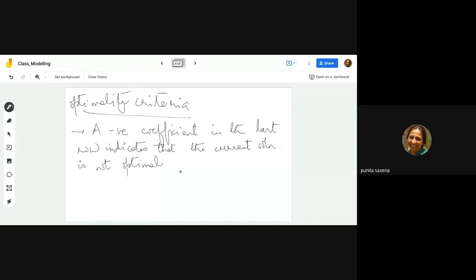Now if it is not optimal, it means that the value of the objective function can be improved.